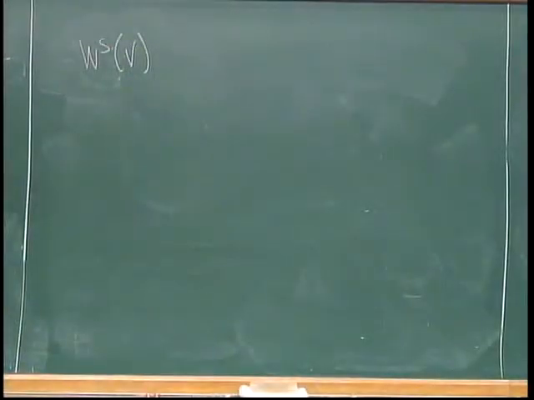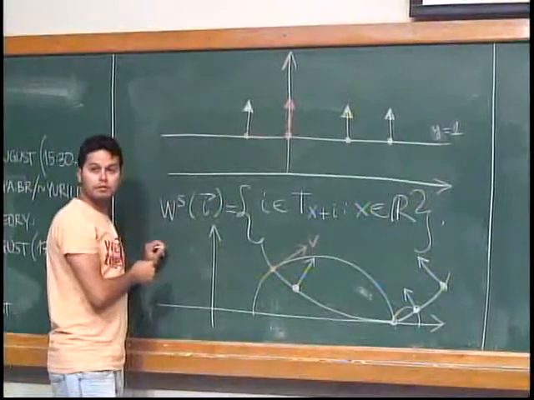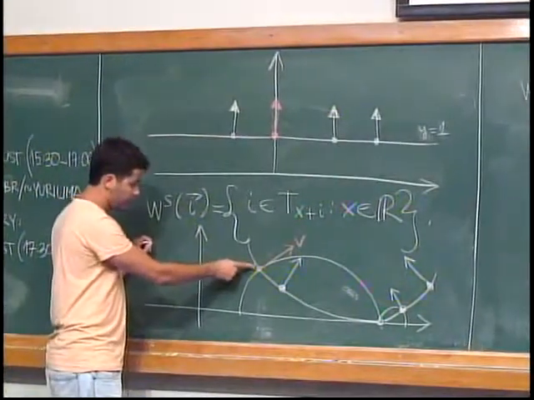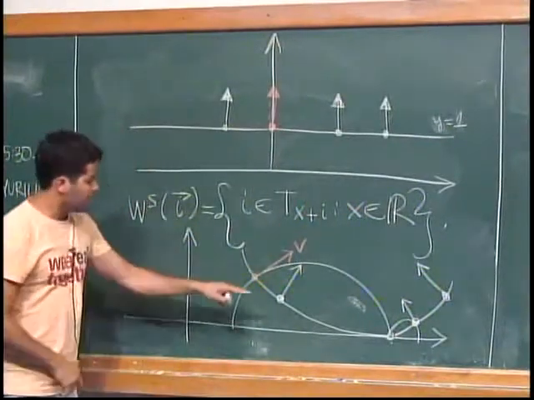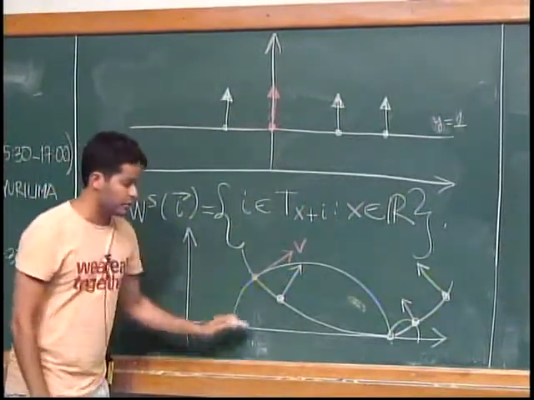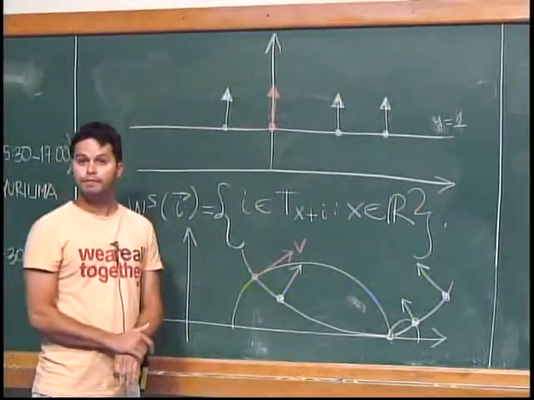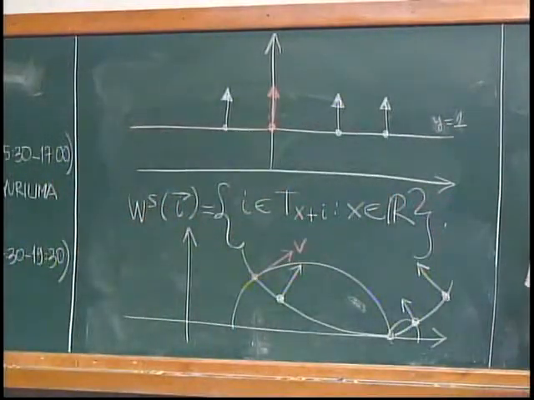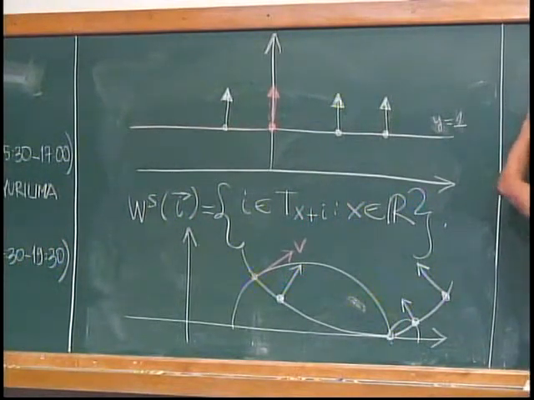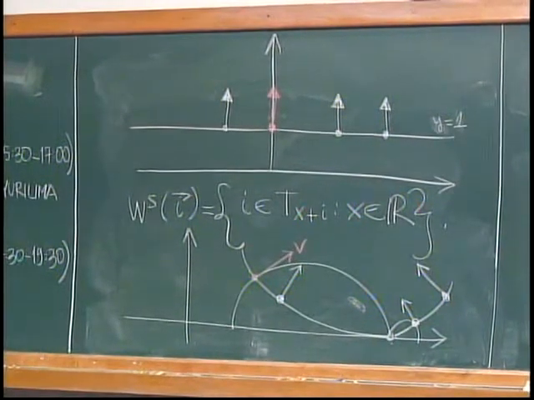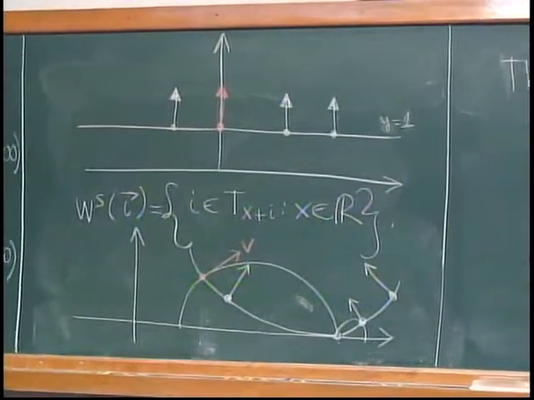If this vector is pointing upwards, then you have horizontal lines. If it's not vertical and pointing upwards, then the horocycle is going to be some vectors which are orthogonal to a circle which is tangent to the x-axis. Okay? So these are the stable sets, which we call the stable horocycles.